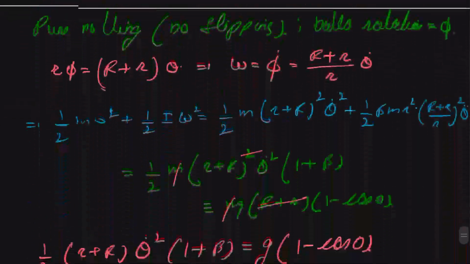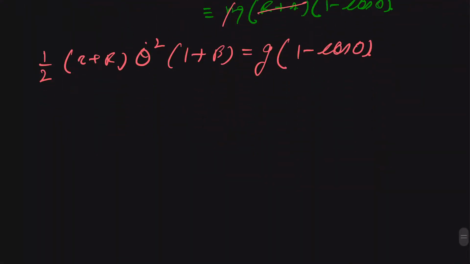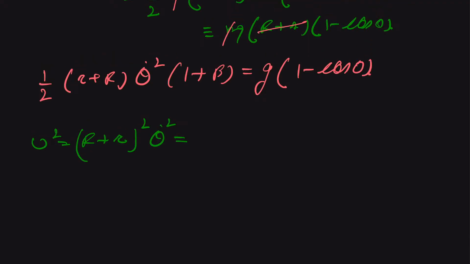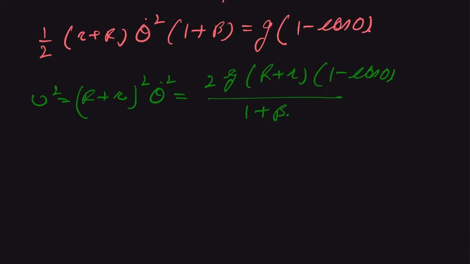Therefore, we can say that our velocity square is equal to (R + r) whole square theta first derivative square, and this will be equal to g (R + r) (1 minus cos of theta) divided by, this comes as 2 and this comes as 1 plus beta. Okay, so this is our velocity.